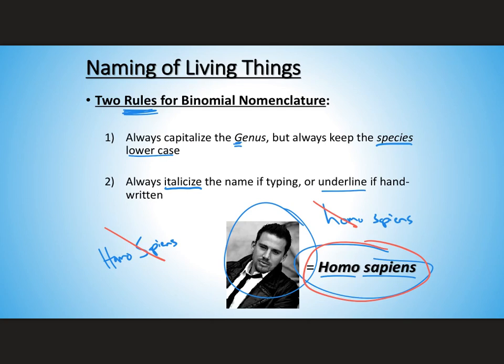Sometimes we do abbreviate these things, right? We might say just H. sapiens. Probably the most well-known abbreviated organism is called E. coli, which is the type of bacteria we'll talk about later on. But you always have to follow these rules. Make sure that you underline them and make sure that you capitalize the genus but keep the species lowercase.